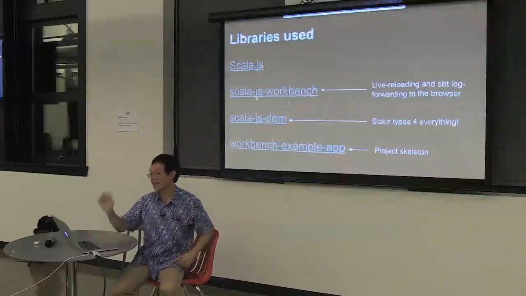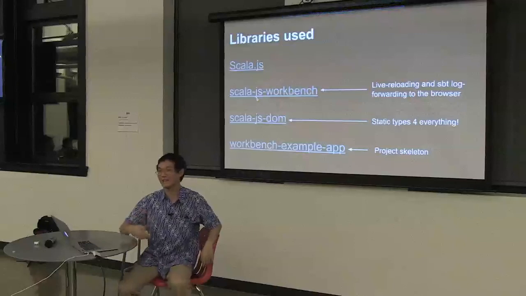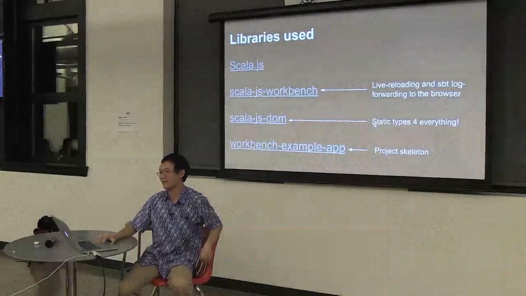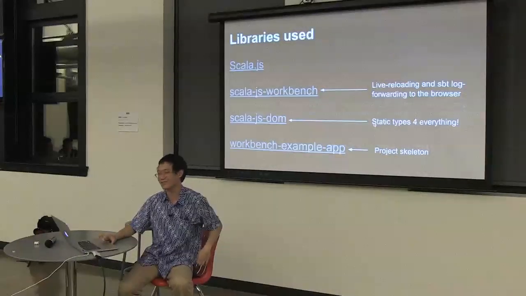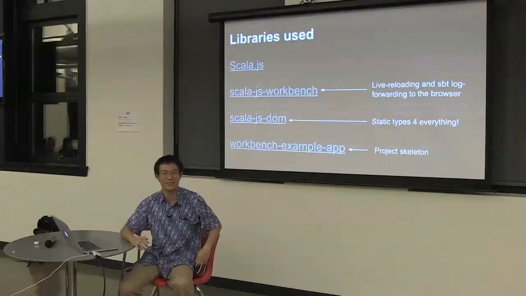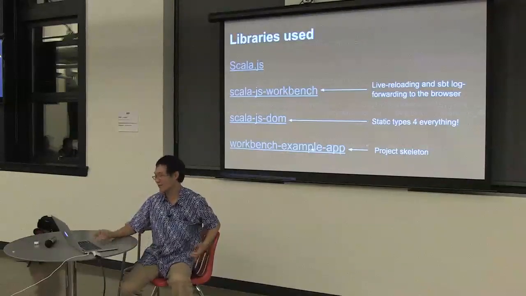We used Scala.js Workbench, which is the live reloading and SBT log in the browser plugin I made. Scala.js DOM, as you said, you need to wrap all the DOM elements in static type facades. I sat down for one afternoon, typed them all out, cleaned it up later, and copied and pasted all the documentation from MDN, so I have nice doc strings. The project skeleton is here on GitHub if any of you want to take a look.